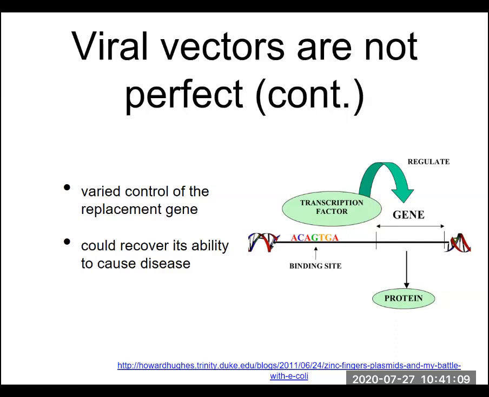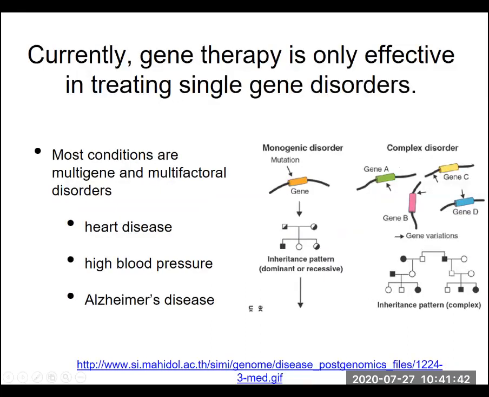But they basically mean that we're going to produce lots and lots of this gene. Sometimes we lose that message when we put our corrected gene or replacement gene into these cells. And so because of that, we don't get the same type of control. We don't get the same type of production of the protein that we would get normally within the cell. And so because of that, that again limits the ability of gene therapy to form a long-lasting and permanent treatment for some of these genetic diseases.